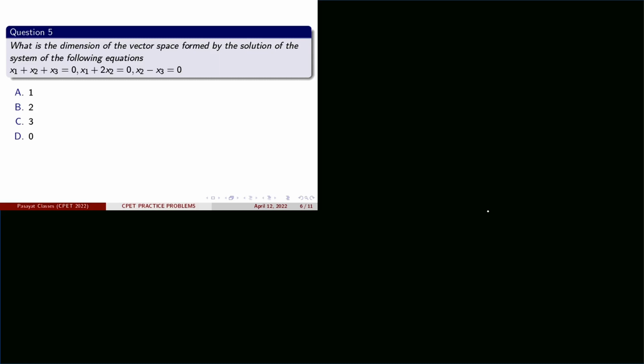Here we can rewrite these equations as the triple x1 plus x2 plus x3, comma x1 plus 2x2, comma x2 minus x3, equal to 0, comma 0, comma 0.